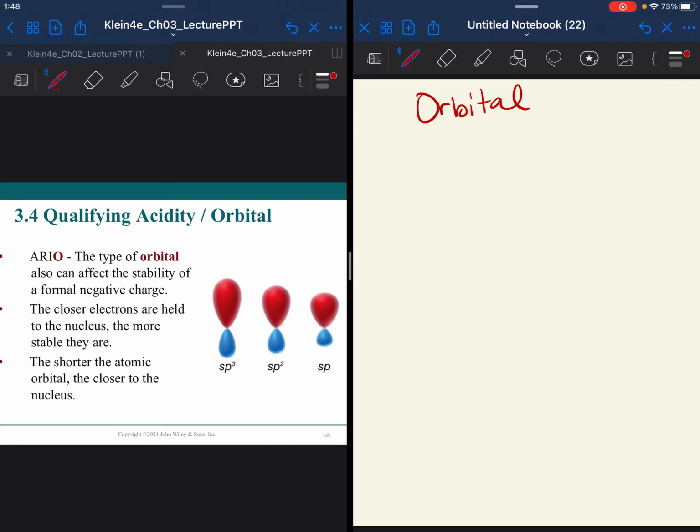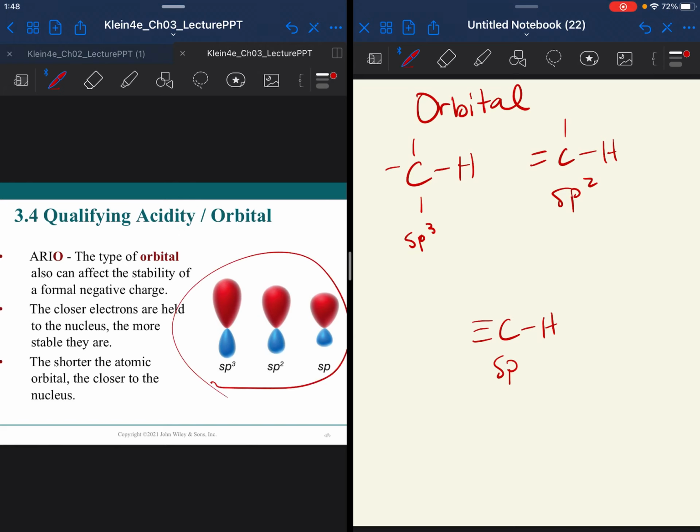This really comes down to comparing protons that are attached to carbon that is sp3 hybridized, carbon that is sp2 hybridized, and carbon that is sp hybridized. And it's because that sigma bond, the main difference in those 3 CH bonds are the orbital shapes.